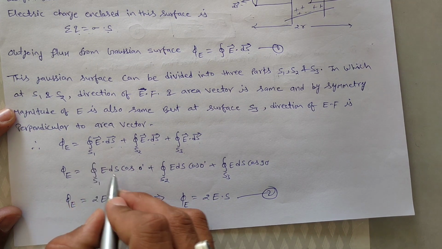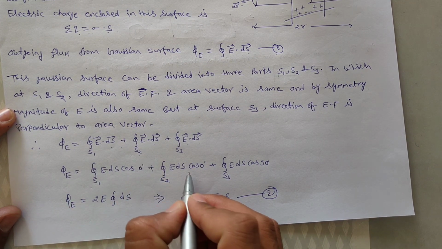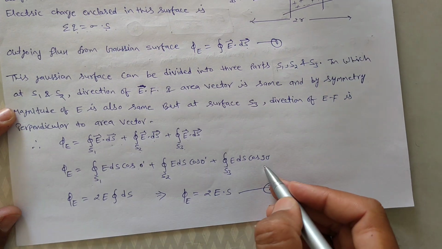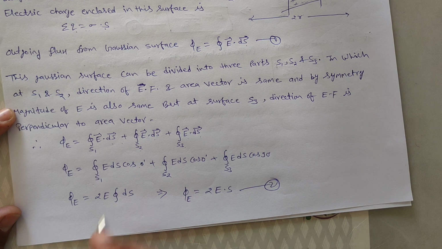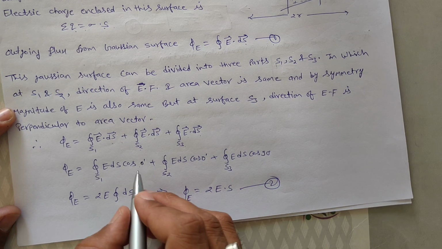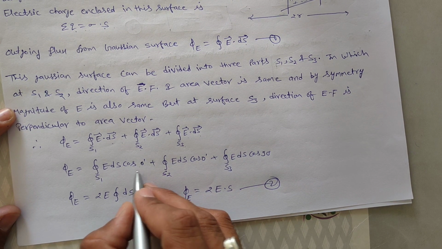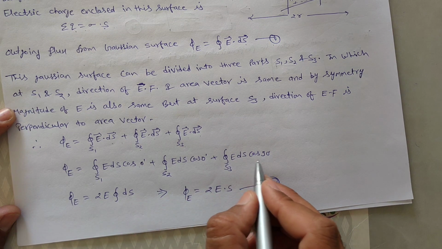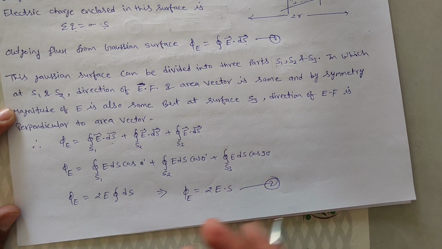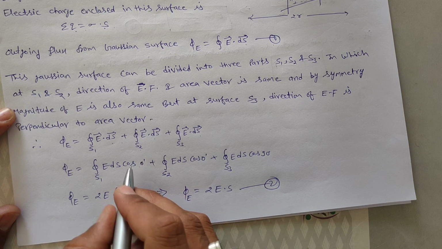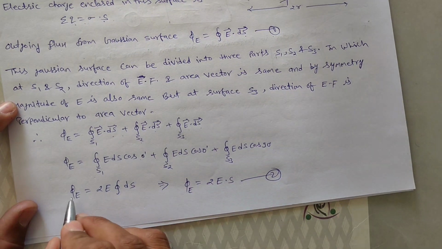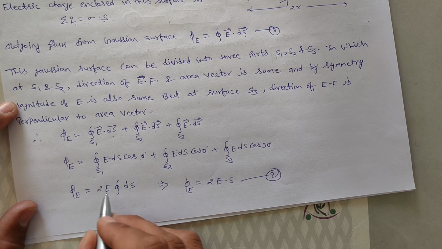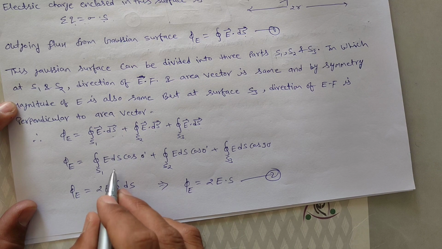Here, for S1 it is 0 degrees, for S2 0 degrees, and for S3 90 degrees. Then we put the value of theta in this equation. We know that the value of cos 0 is 1 and the value of cos 90 is 0. So the first and second terms remain, phi E equals 2E closed integral ds.